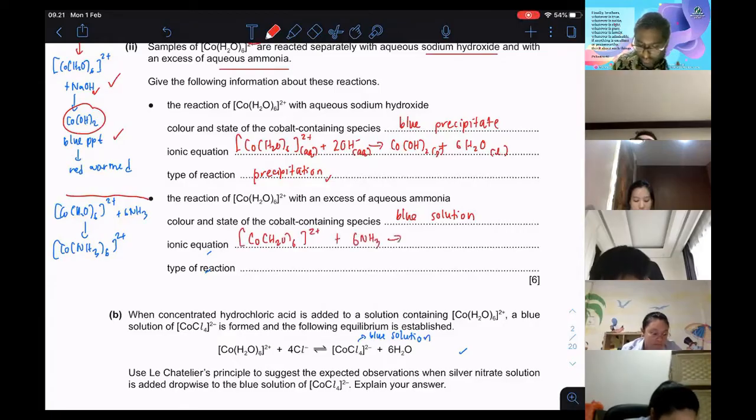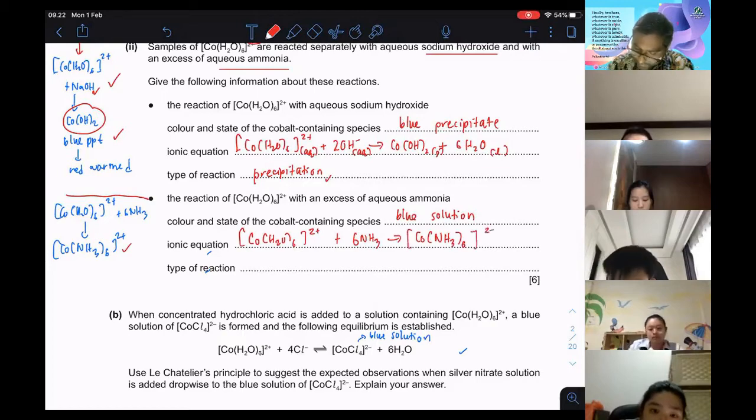6 ammonia, you are going to get cobalt. Now, Jody, can you tell me what the charge is going to be? Why is it going to be 2 plus? Why is it not going to be neutral, Jody? Yes, H2O is 0, to be exact.